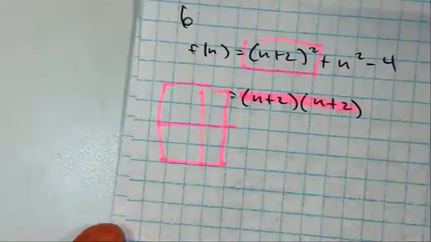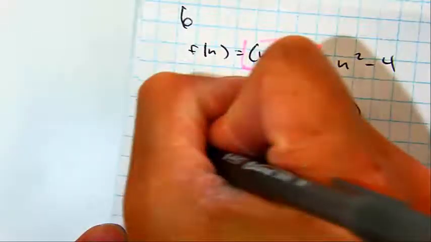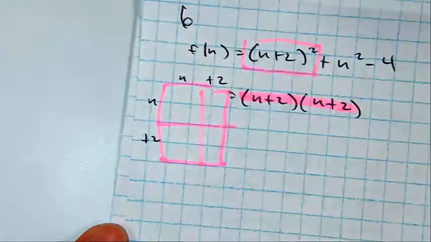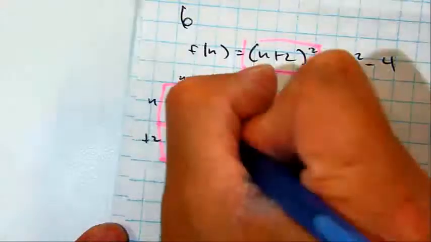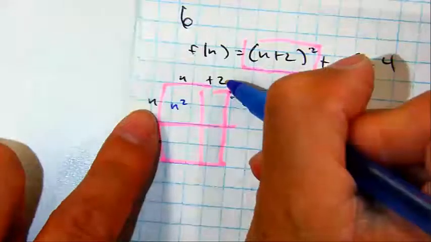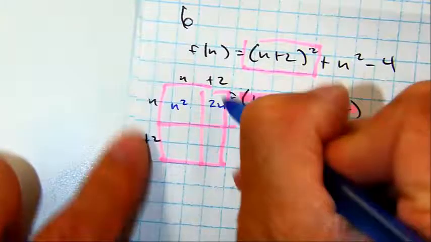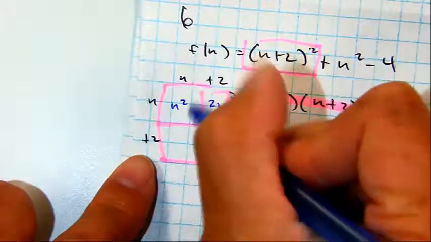So I'm going to have n plus 2, n plus 2. Class, what's n times n? N squared. Class, what's 2 times n? N times 2. And 2 times 2. 4.